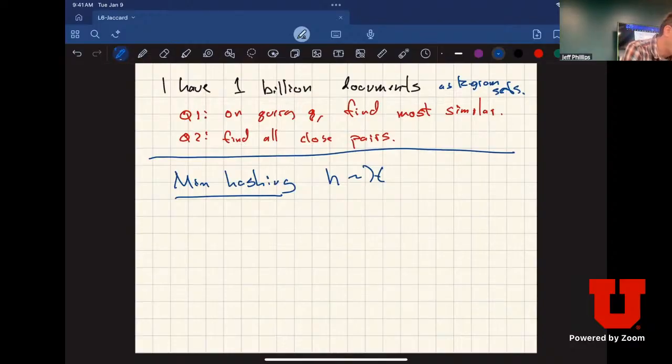The hash function is going to go from the space of all sets of k-grams. A document is a set of k-grams, and it's going to map it to a real value. How am I going to do this?